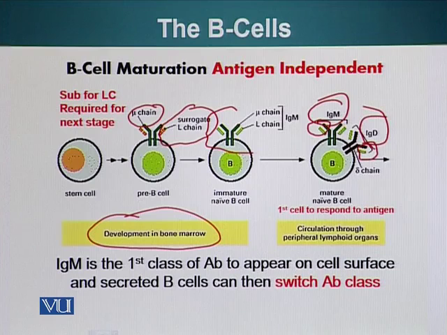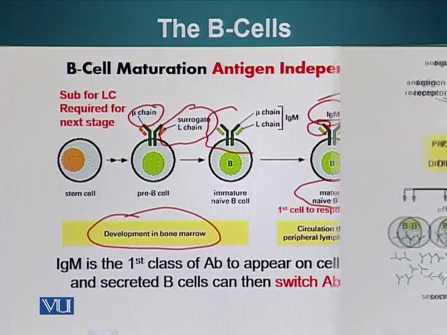So B cells move to the peripheral lymphoid organs. That is where they mature, and now these B cells can switch classes, make different types of antibodies, or they can stay there till they're activated. This is the first type of cell, the mature naive B cell, which responds to a particular antigen. This mature naive B cell is a resident of the peripheral lymphoid organ.